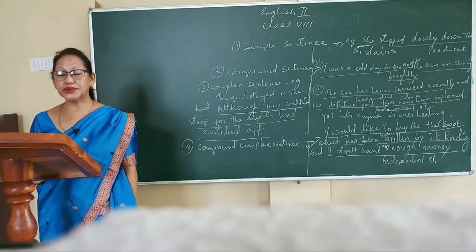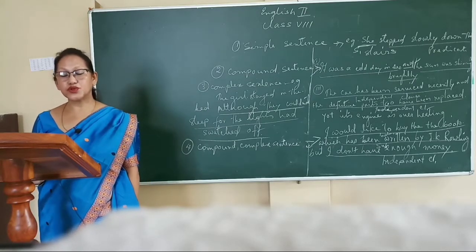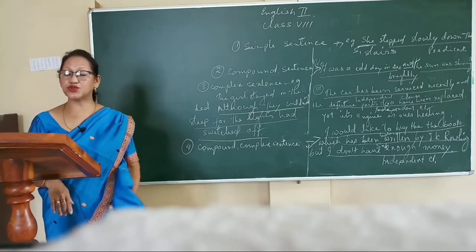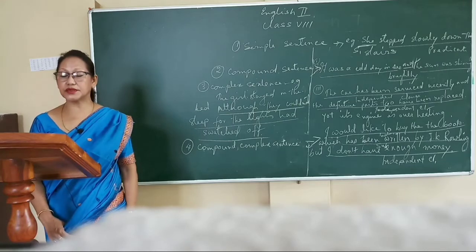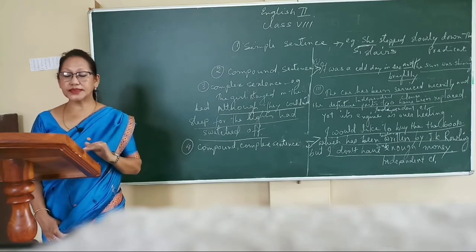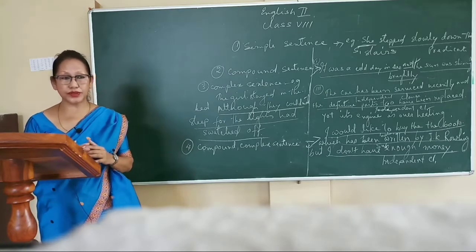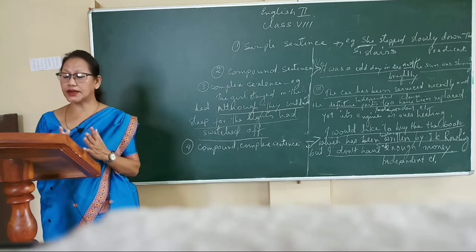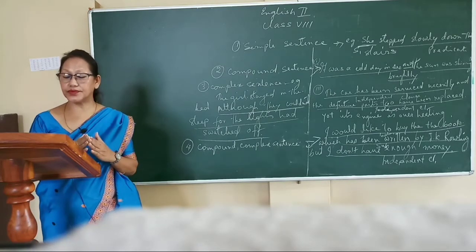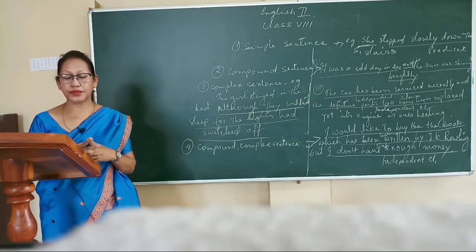Today we will learn about sentence structure. In the English language, sentence structure is the arrangement of words, phrases, and clauses in a sentence. To make a sentence, we have to arrange words, phrases and clauses in a proper way so that a sentence can give correct meaning.